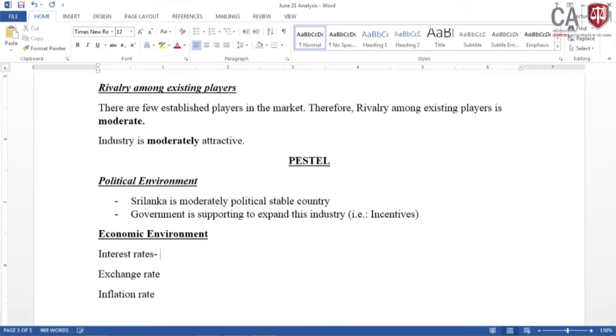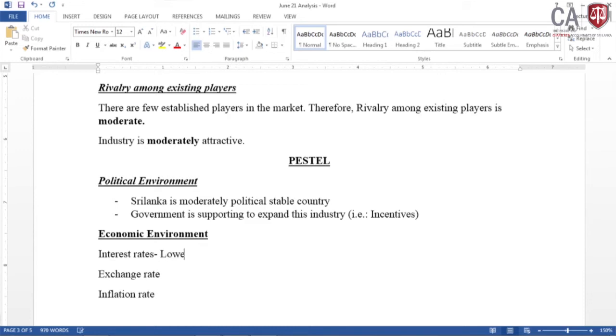What are the interest rates these days? The previous presentation also mentioned that they were able to obtain a loan at an 8% concessionary interest rate, but I think at the moment you can get a loan lower than that. So, it is an opportunity.